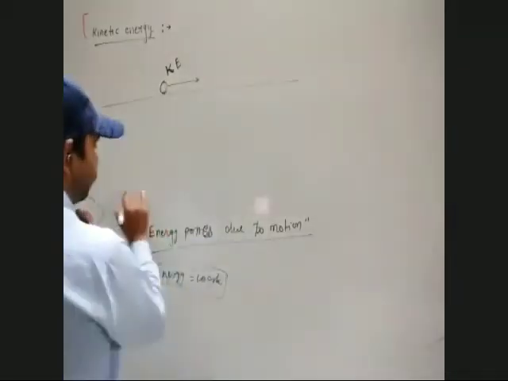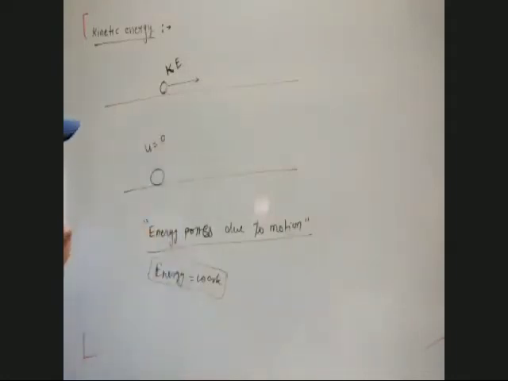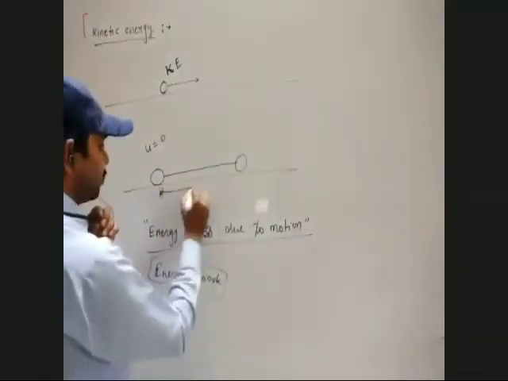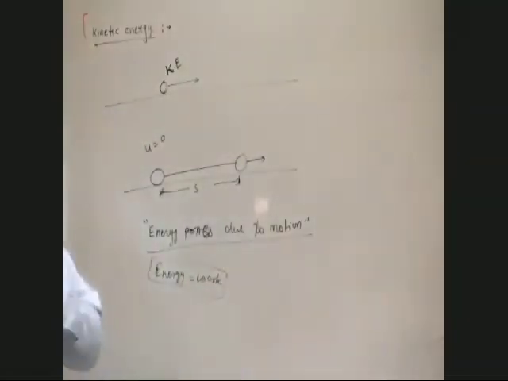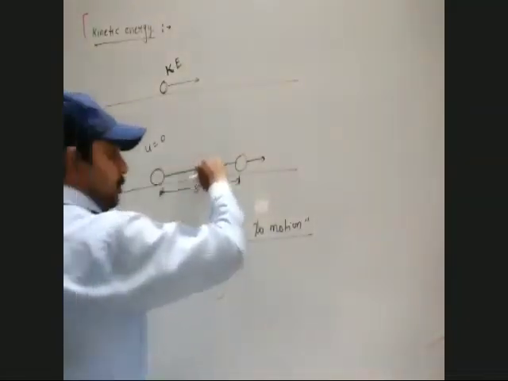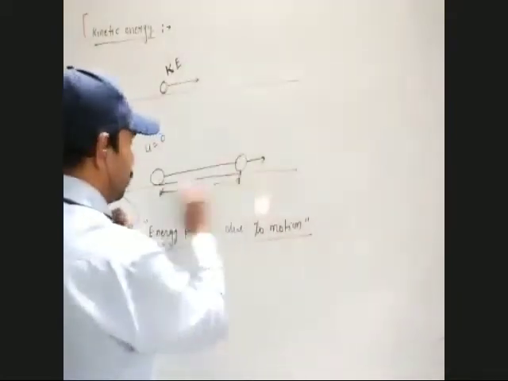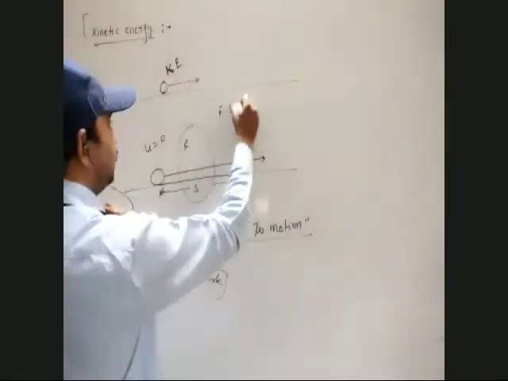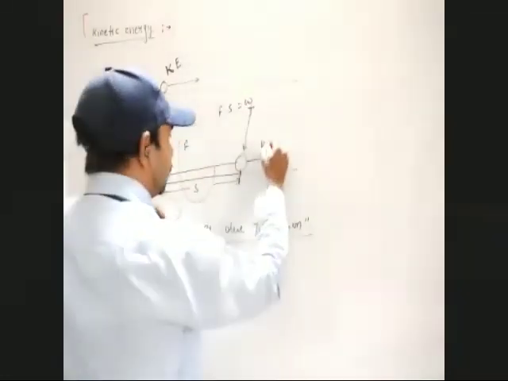Suppose an object is at rest, U is equal to 0, and I pull this object up to this distance S and leave it. Till this distance I'm applying force, so I'm doing some work, F dot S, and this work is stored in that object as its kinetic energy.